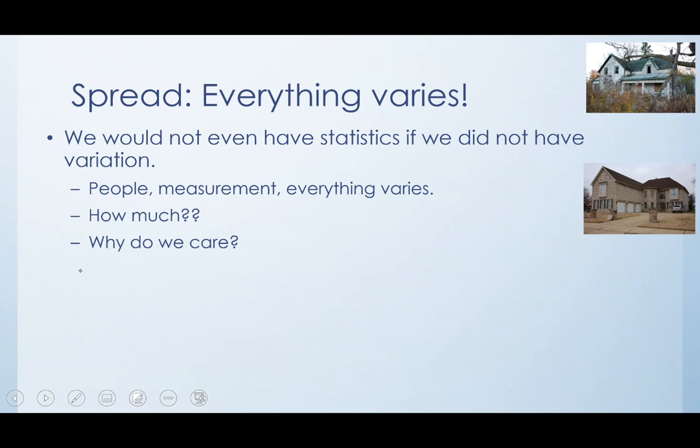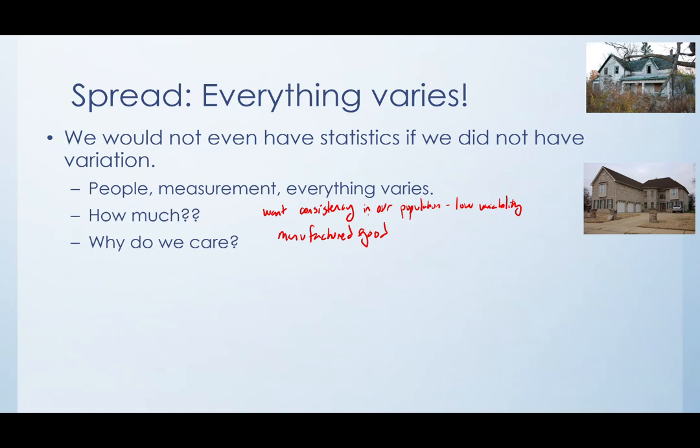Why do we care about variability in the first place? A lot of times we want consistency in our sample or our population. We want to have low variability, and usually we'll want this in manufactured goods. All the TVs of a certain type should all be performing the same, right?